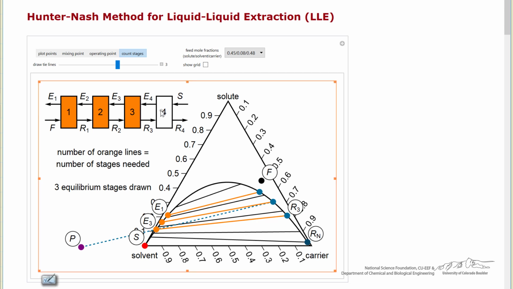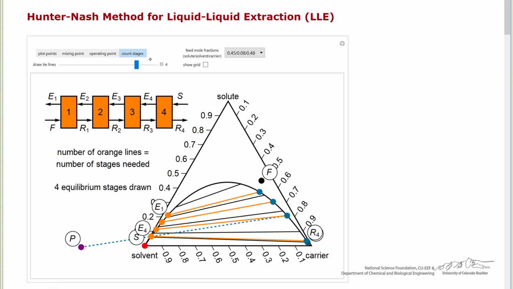So we step through final, we have Rn, and we determine we have 4 stages for this process. So again, the details of why we do it this way are in the other screencast, but here we want to demonstrate the process that we can step through and understand how we arrive at each of these points.